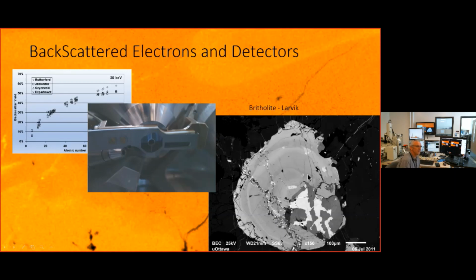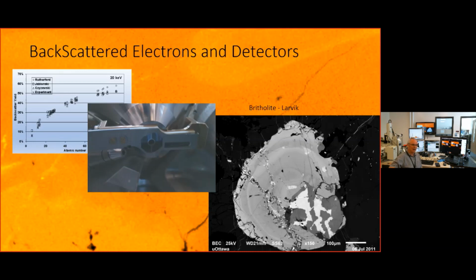This image here is a britholite, and it's one of the first images I took with this SEM. We can see some fine zoning in that britholite sample. What we're seeing in that zoning is some very minor differences in the concentration of rare earth elements, which are quite heavy. So minor changes in the concentrations of rare earth elements will show up very well on the backscatter image.